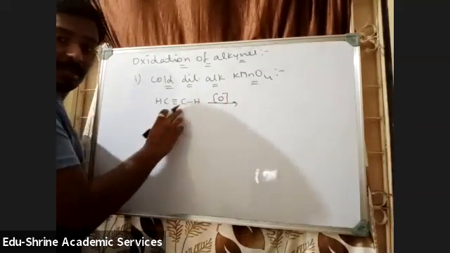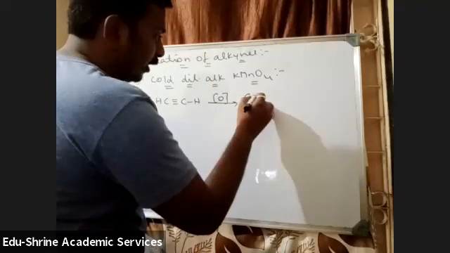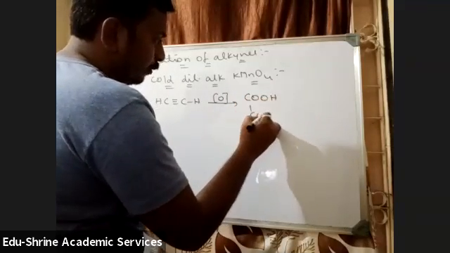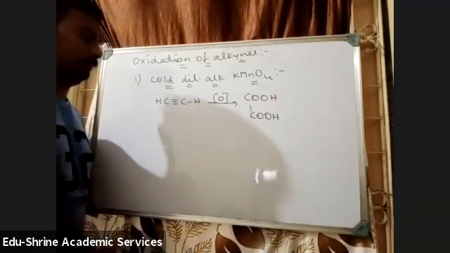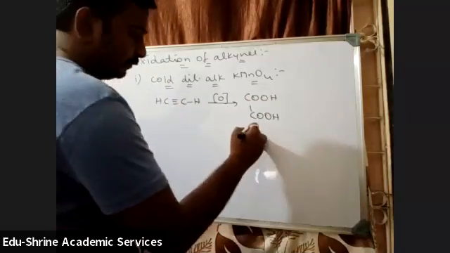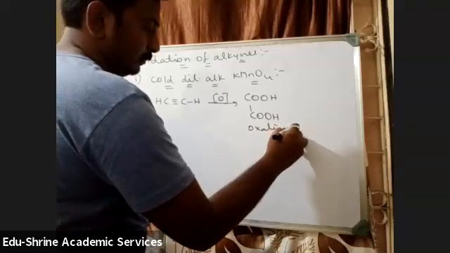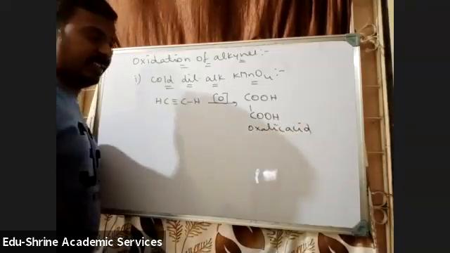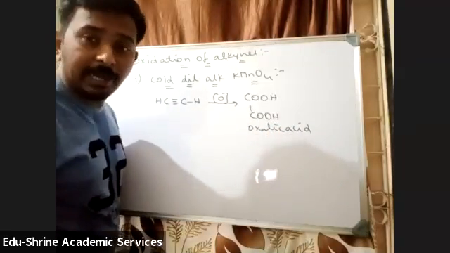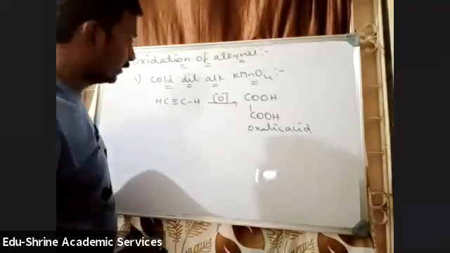From this, the product you will get is COOH-COOH, oxalic acid. If it is a terminal alkyne, you are going to get oxalic acid.